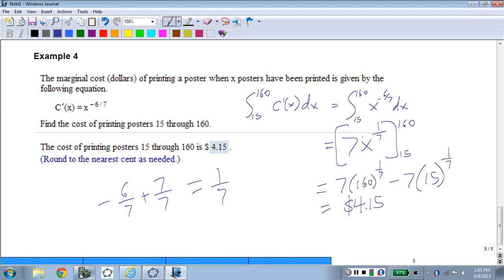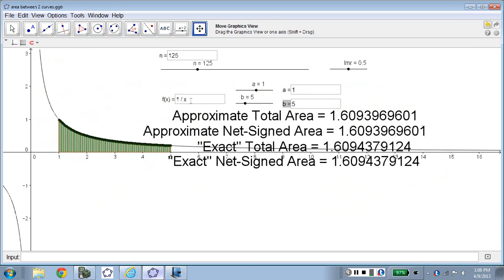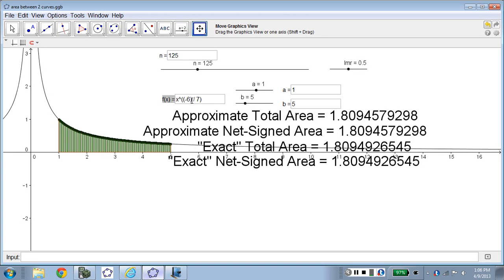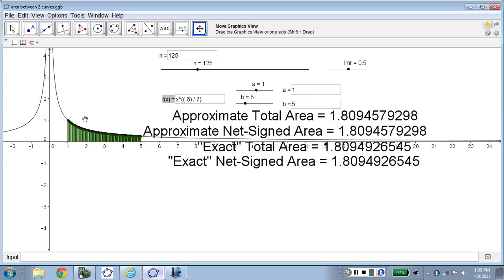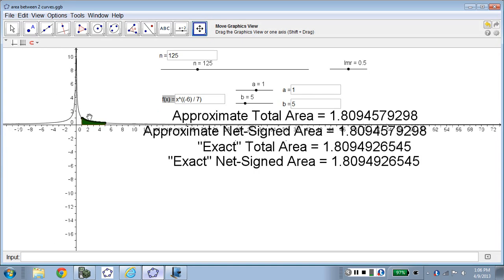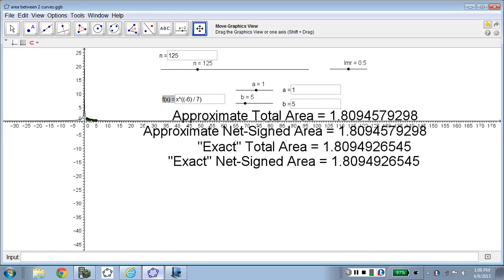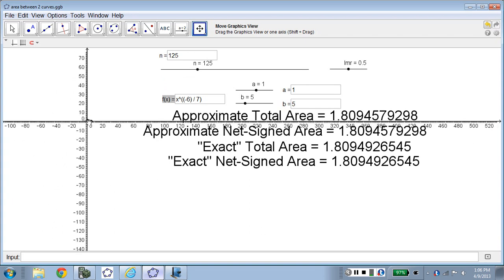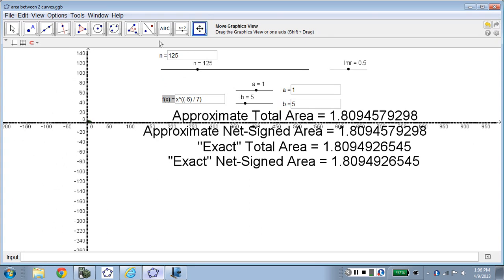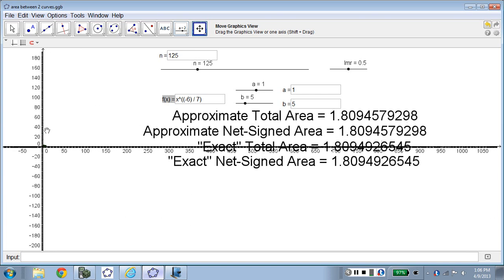So the marginal cost, x to the negative 6/7, looks like what? A lot like the function that we had, but we go way out because we have to go 15 through 160. There's the 160, and then this one.